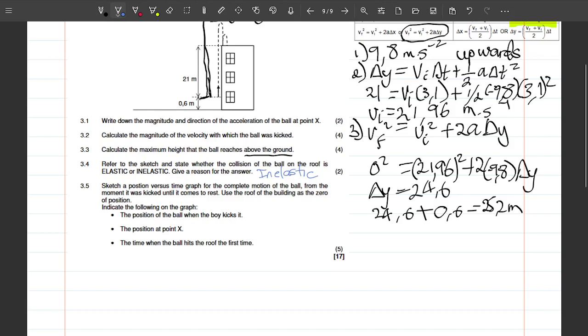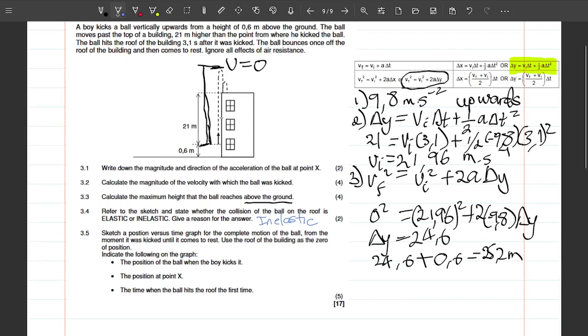Well, it's inelastic because it did a first bounce, it went up, and then its height was not the same when it bounced the second time. If it was elastic, we would have a bounce like that where they're perfectly elastic. However, this one is like that, so that is inelastic.